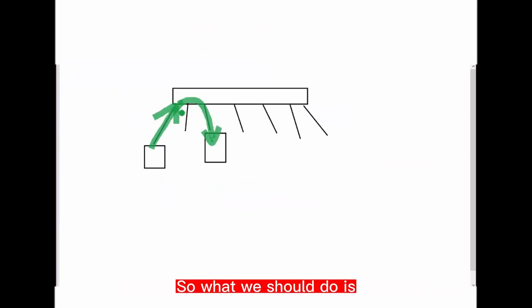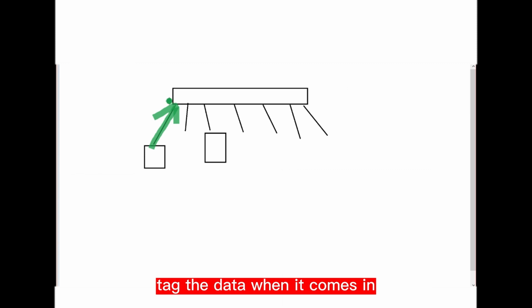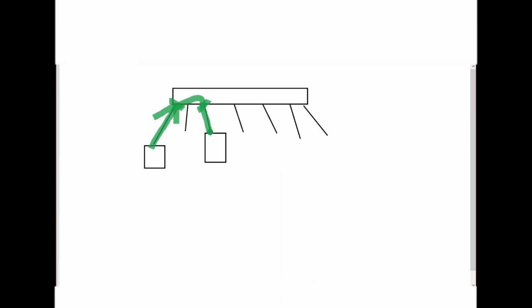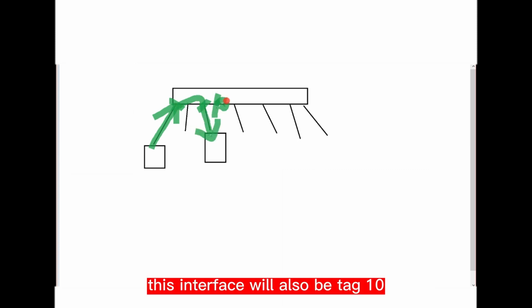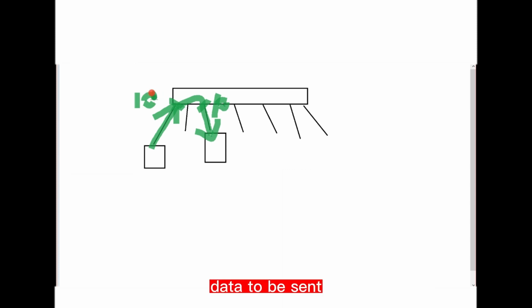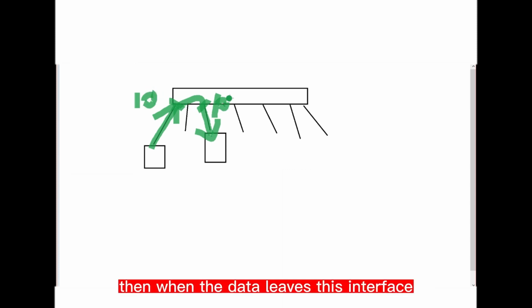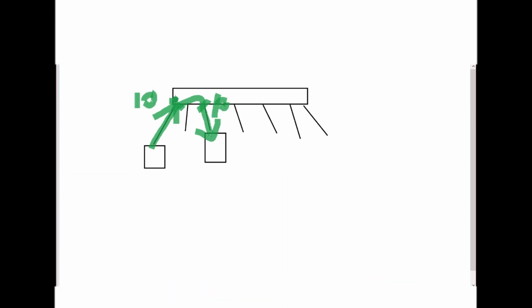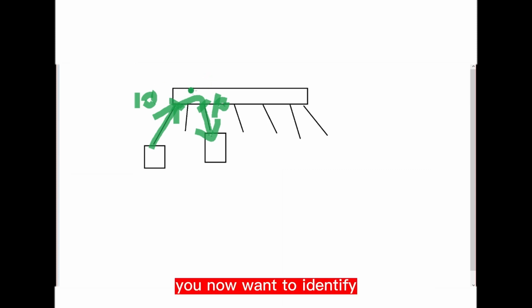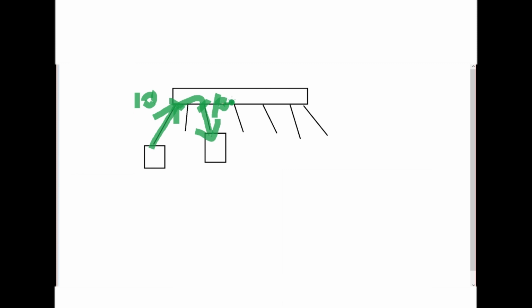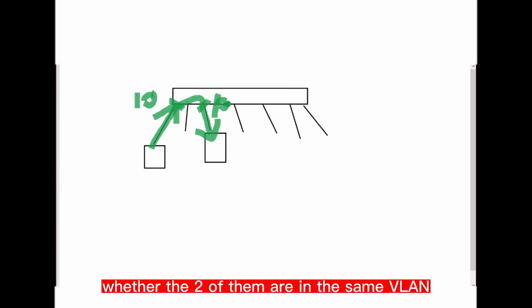So what we should do is tag the data when it comes in. For example, type a tag 10. In the future, this interface will also be tag 10. Data to be sent, then when the data leaves this interface, remove this tag 10. Equivalent to, you now want to identify whether the two of them are in the same VLAN.